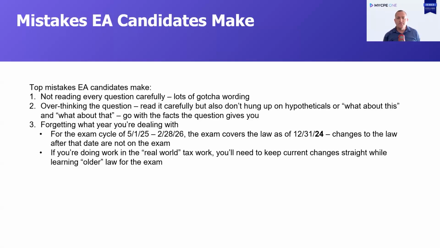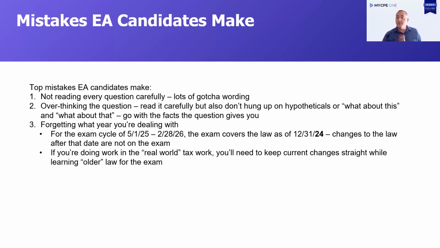Now let's talk about some mistakes that EA candidates make in particular on the exam and how to avoid those mistakes. Number one, not reading every question carefully. I find that I'm guilty of this sometimes too. I work too fast when I'm going through review sessions with people taking the review course.